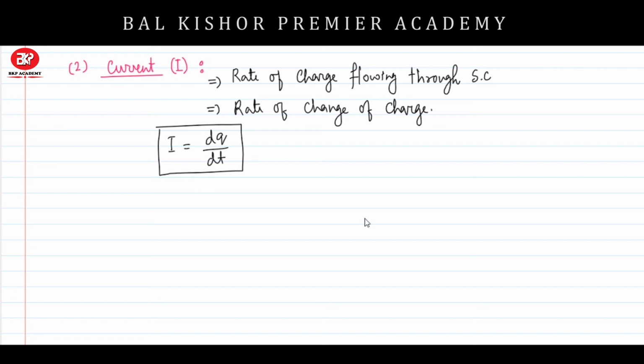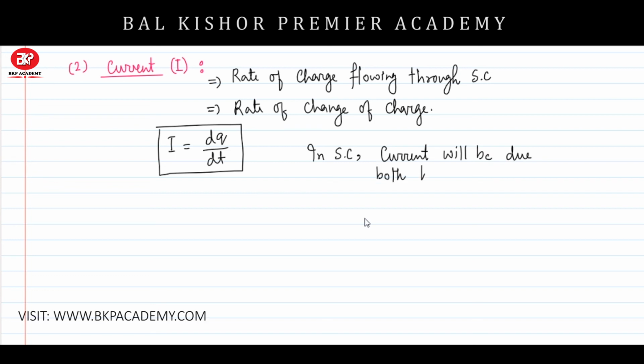This equation is the equation for the current inside the semiconductor, and we know that inside the semiconductor the current will be due to both holes and electrons.